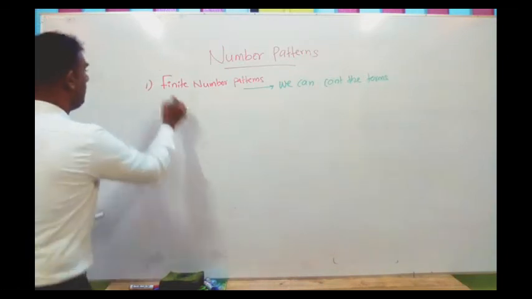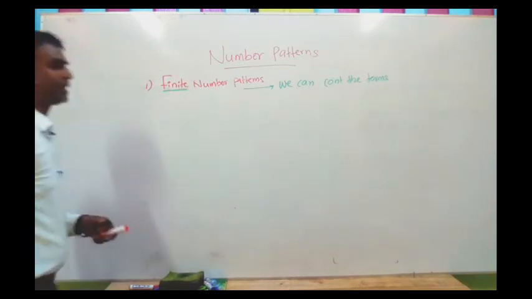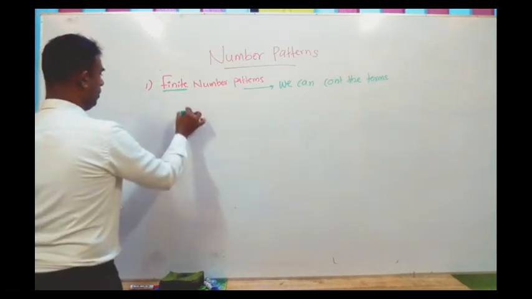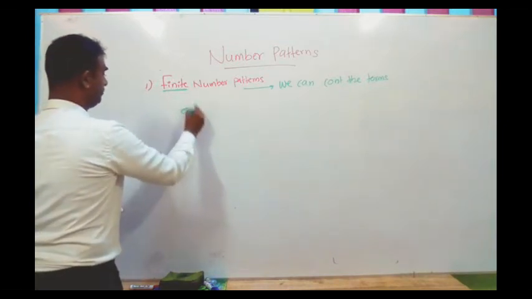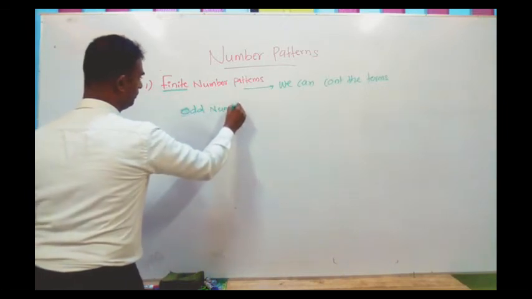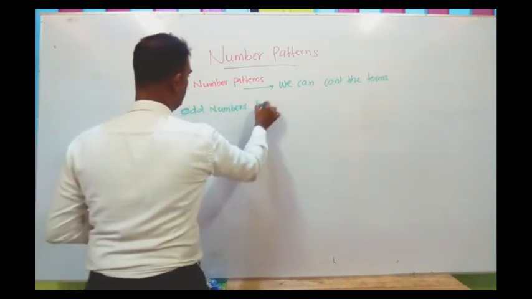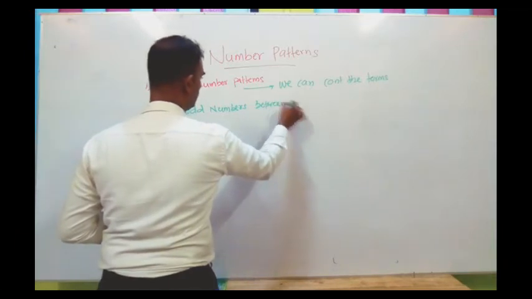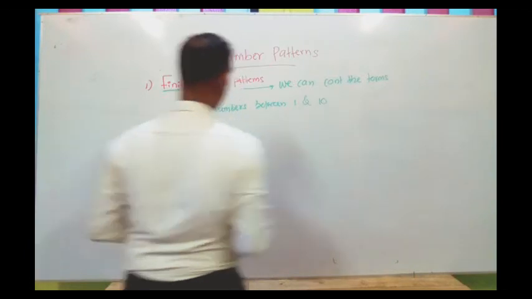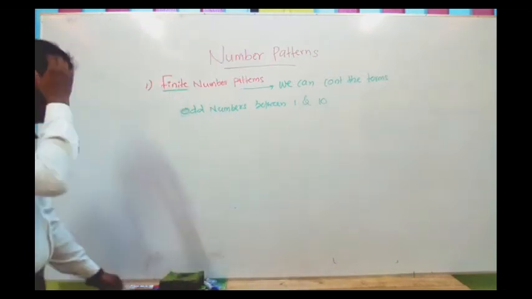This is finite. For example, odd numbers between 1 and 10. Now we can write the odd numbers between 1 and 10.